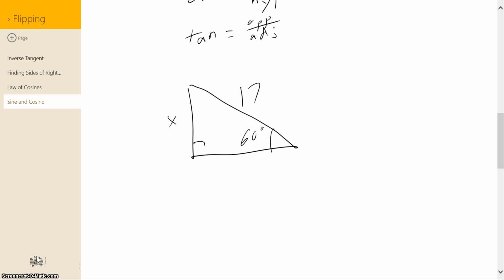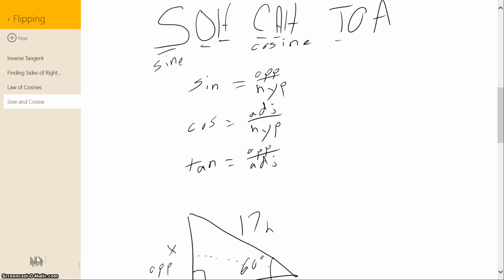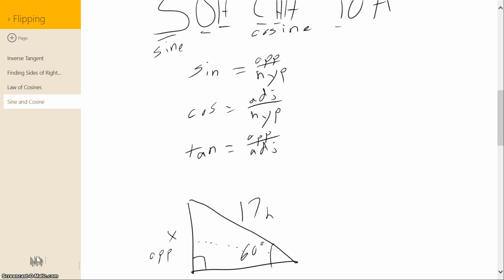Oh, and this is a right triangle, of course. This is my hypotenuse, right? Because it's across from the right angle. I check it out, and then hey, what do you know? My x is my opposite. So I go back up here to SOH CAH TOA, and I see that the one that's got my opposite, which is what I've got down here, also has my hypotenuse. Well, that would be my sine.